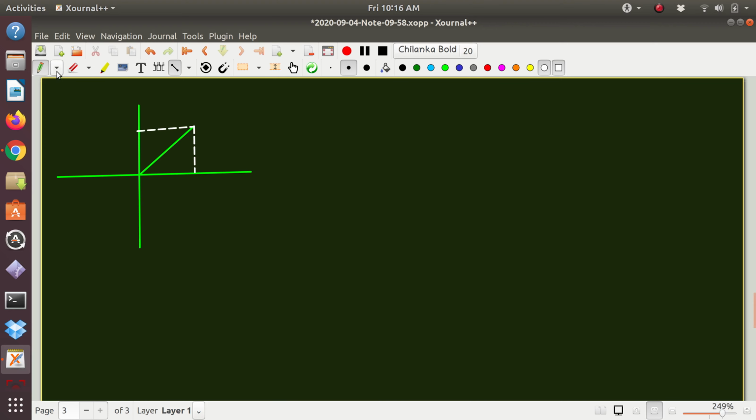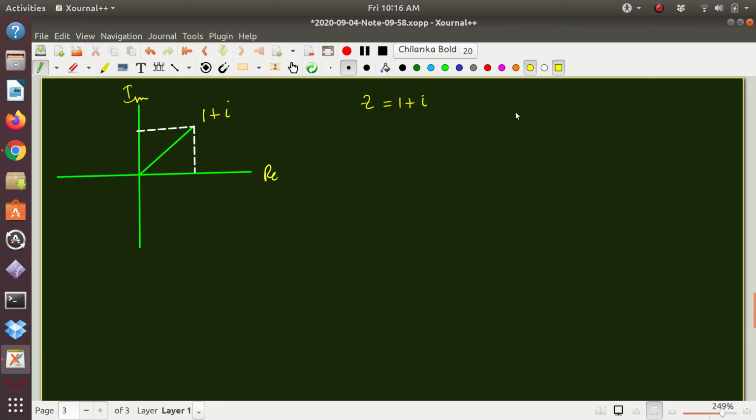Let's say this is the point 1 plus i. This is the real axis and this is the imaginary axis. So let's consider the complex number 1 plus i.